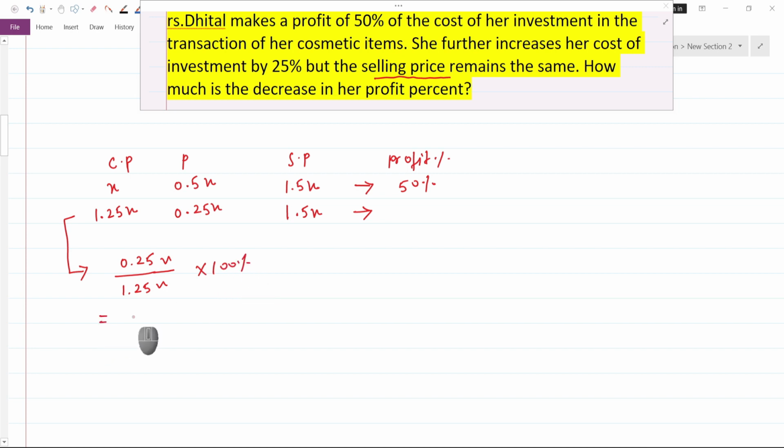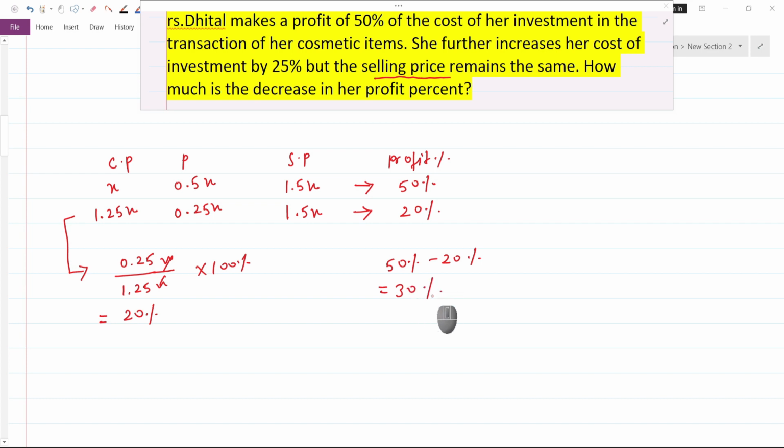If you solve it, 0.25 divided by 1.25 gives 20%. So our new profit percent is 20%, and the decrease in profit percent will be 50% minus 20%, that is 30%.